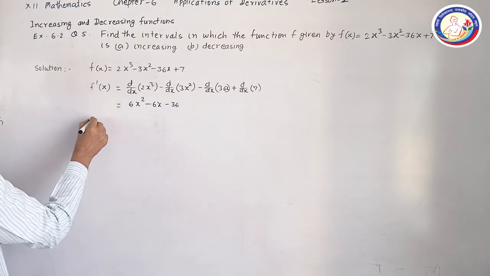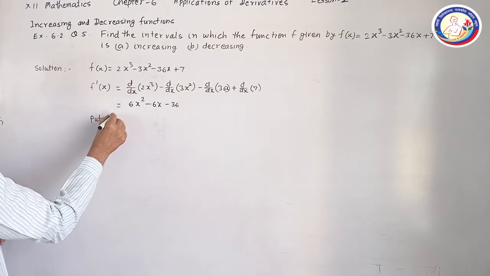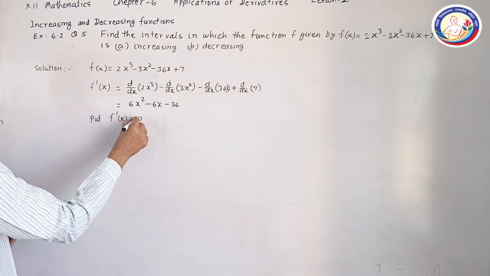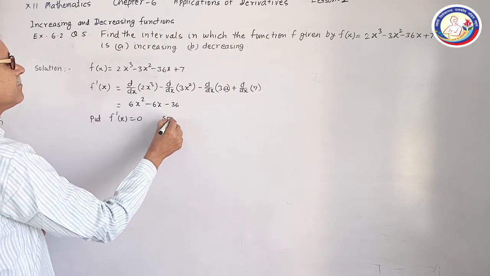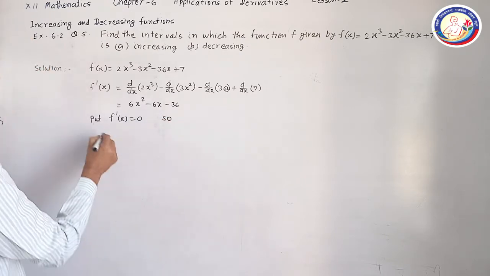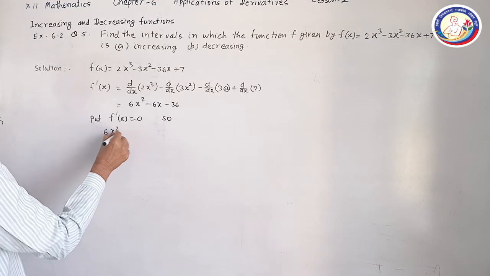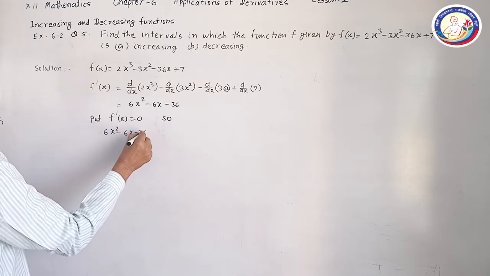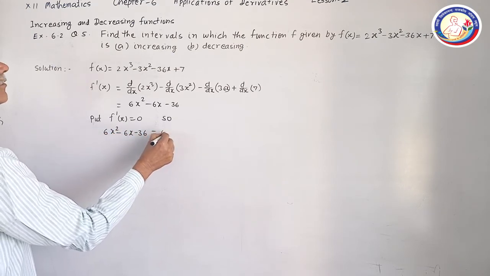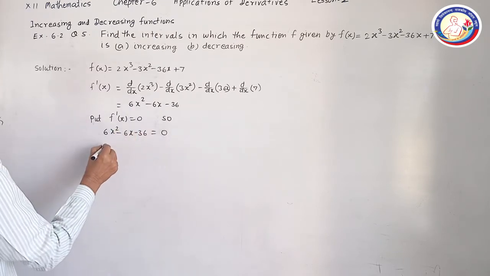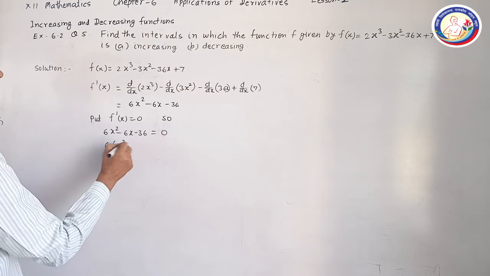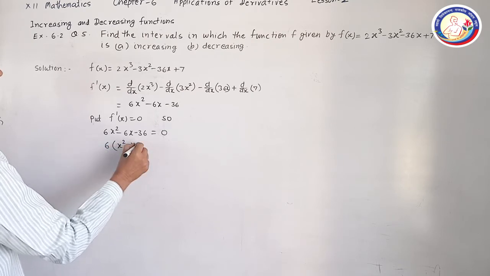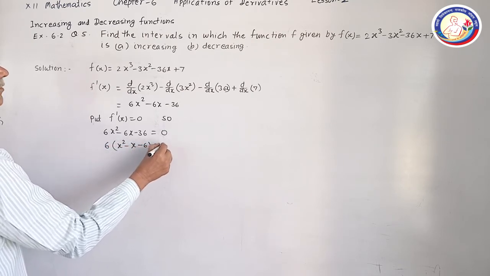Put f dash x equal to 0. So 6x square minus 6x minus 36 equal to 0. 6 is common here, so we shall get 6 into x square minus x minus 6 equal to 0.